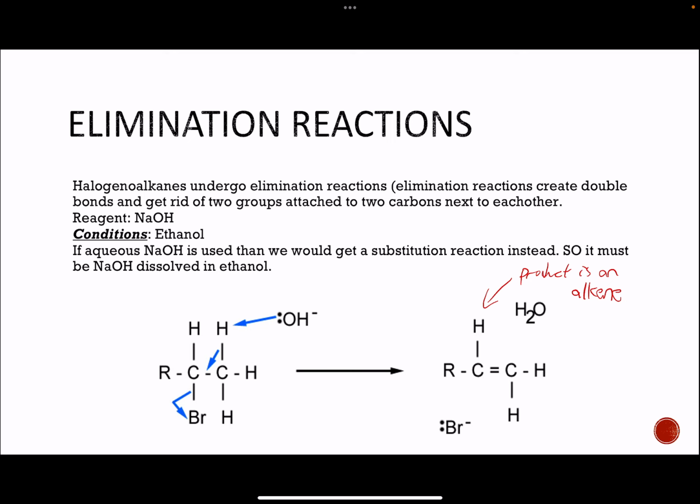For an elimination with a halogenalkane, the specific condition that Cambridge requires you to know is that the solvent, instead of being water, is ethanol, or you could say alcoholic, or ethanolic. So you will be required to know that if you have NaOH, aq, a substitution takes place. But if you have NaOH in ethanol, an elimination takes place instead.